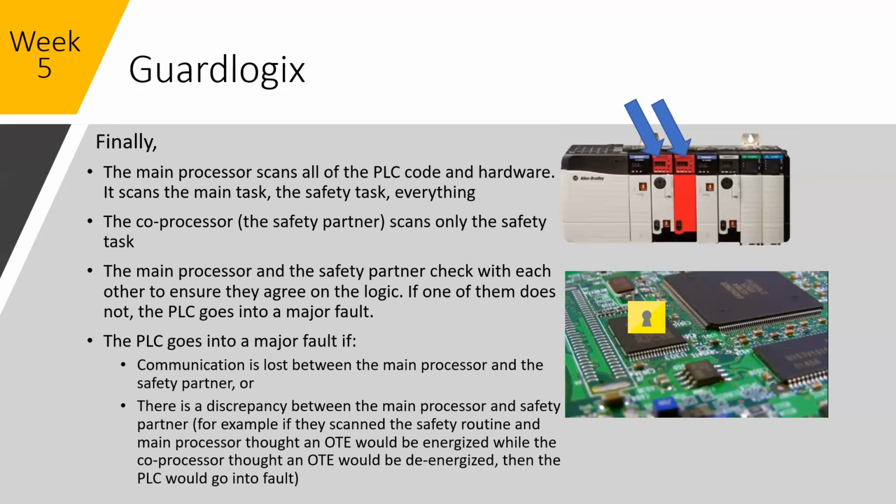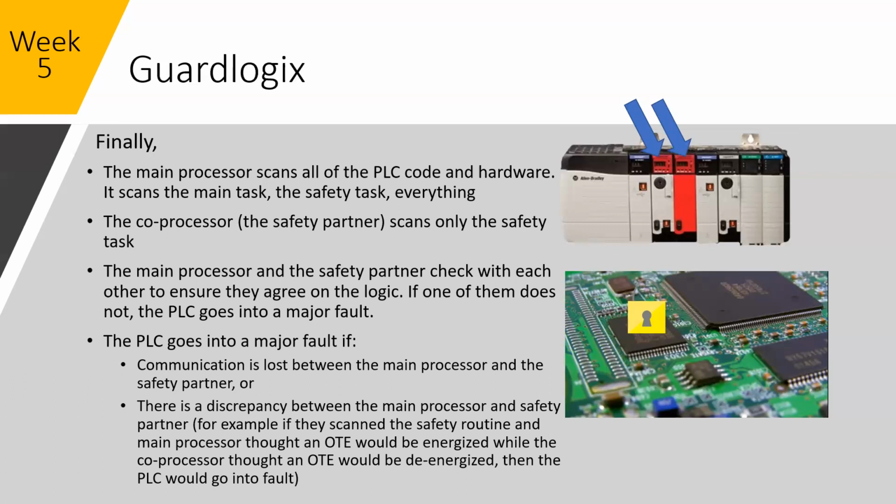So that coprocessor is going to make sure that the program in the main processor hasn't been changed. I've heard of people going online with the normal processor, making an edit and faulting the whole thing just by starting a rung edit because they hadn't enabled the system for online edits.